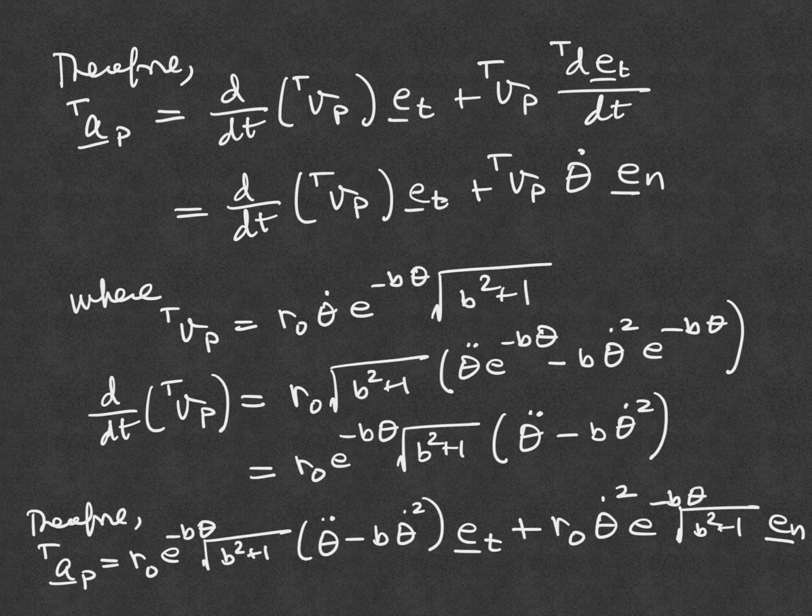That's the full expression for the acceleration. Of course I can still factor things out of this if I wanted to, but I'll just leave it that way so you can see what everything looks like in terms of e_t and e_n.